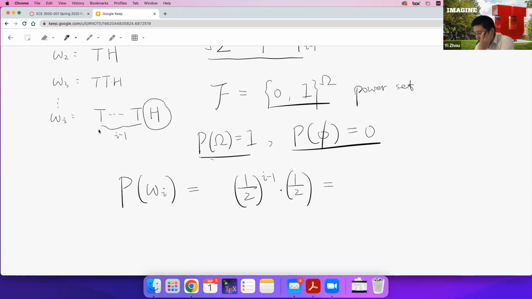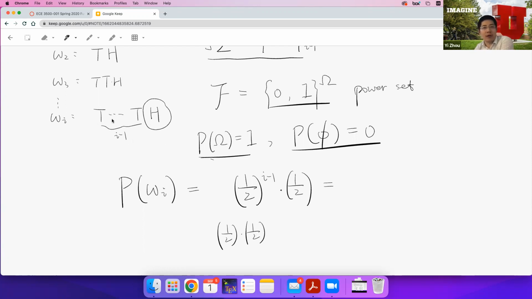Because this is a fair coin, the probability that you get tail and head are both 1/2. So to calculate this probability, you just count for every single trial. In the first trial, you have 1/2 probability to get tail, so you write 1/2 here, and in the second trial, you are also looking for a tail, and the probability is 1/2.